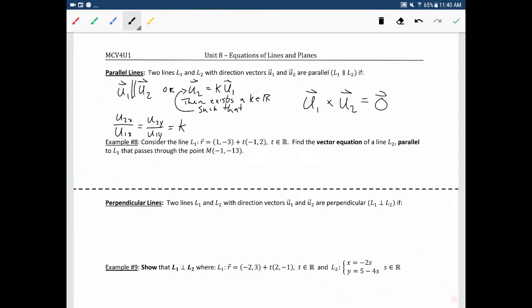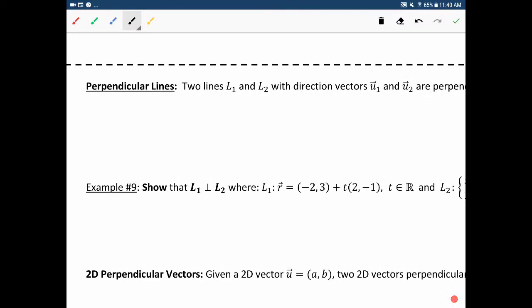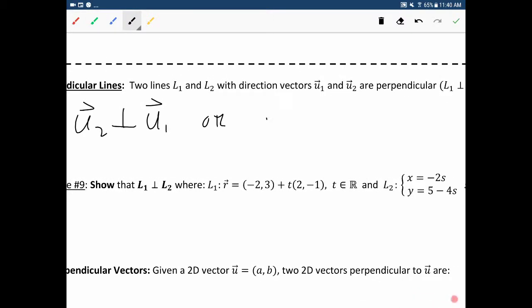Let's jump ahead to perpendicular lines. This one's a little more straightforward, with the same idea. If we know the direction vectors are perpendicular, then the two lines are perpendicular. The easiest way to check is the dot product: if it equals 0, then we have perpendicular lines, because that's a characteristic.